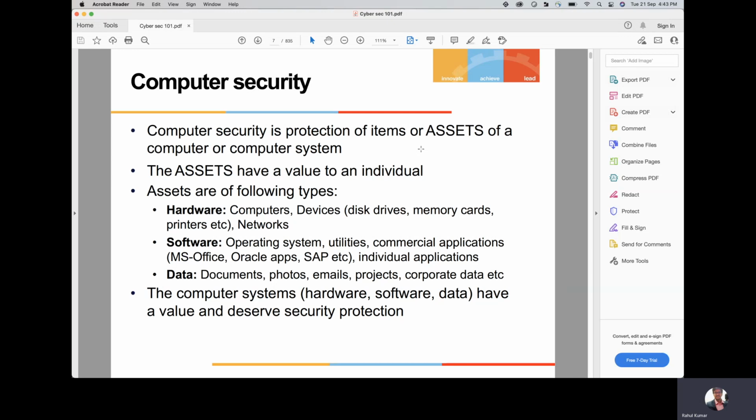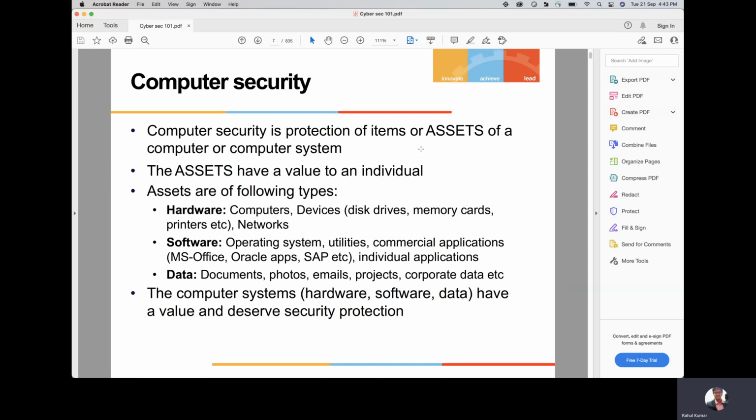Also, I wanted to touch upon the difference between cybersecurity and information security before we dive deep into the course. Cybersecurity is a subset of information security. Information security will contain cybersecurity, but cybersecurity alone will not contain the entire information security part.